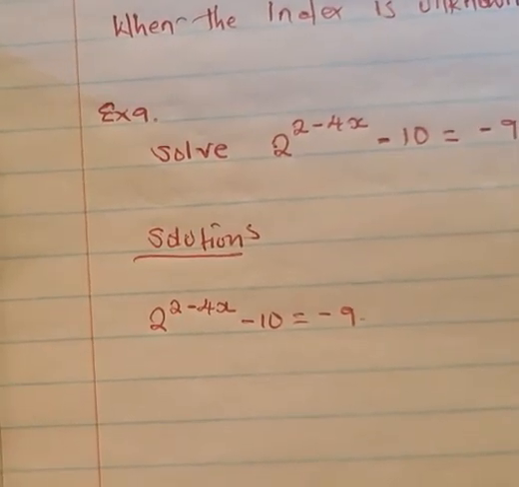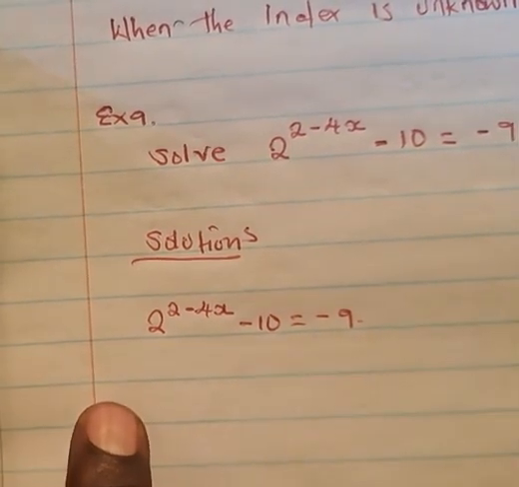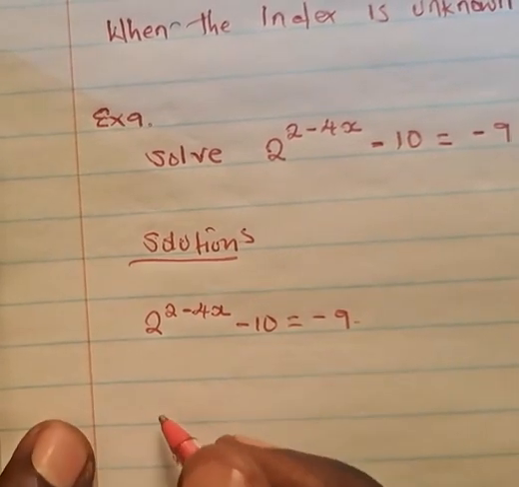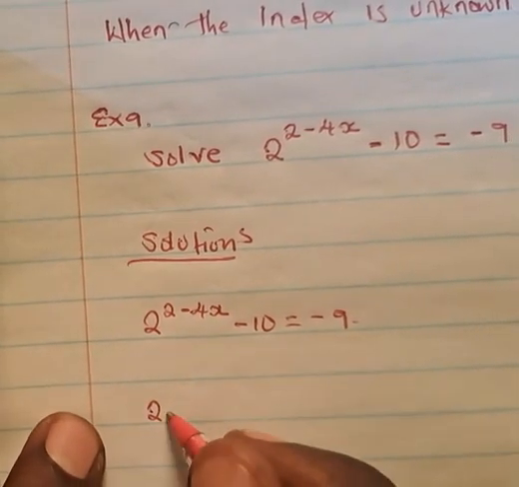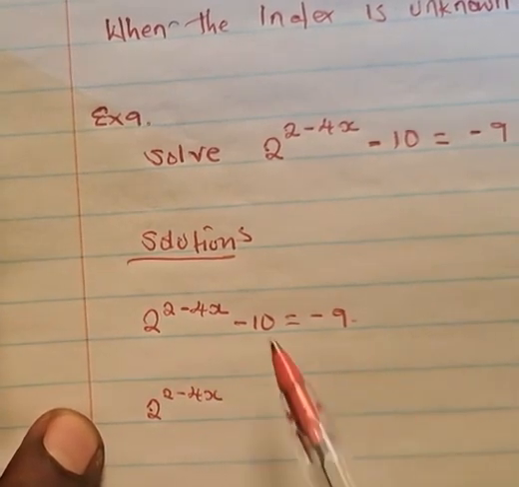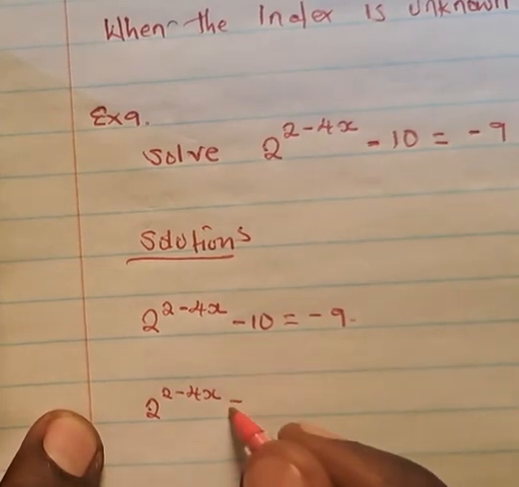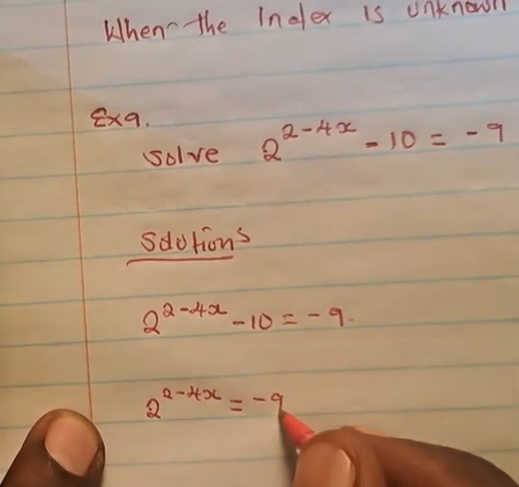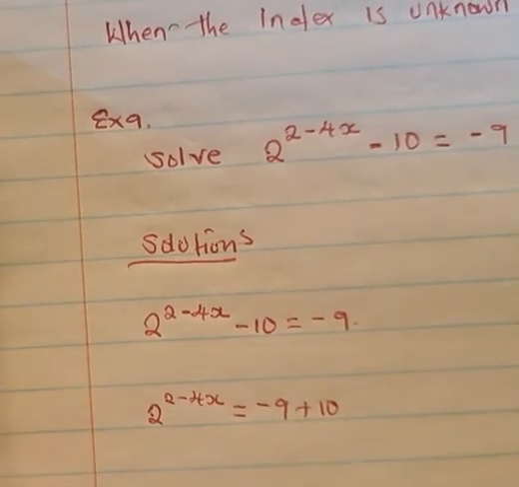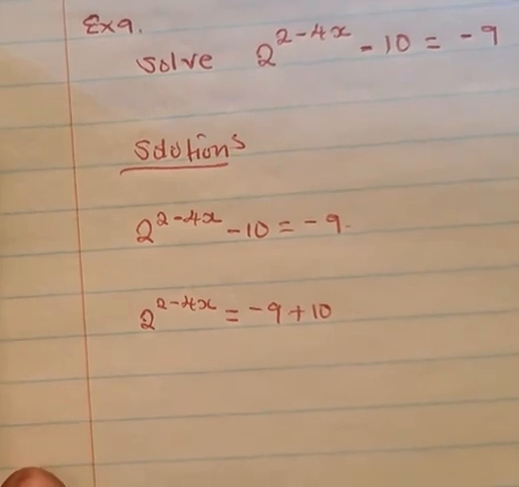So the first step there, as mentioned earlier, is to collect the like terms. So we have 2 to the power 2x minus 4x. This negative 10 will go to the other side, so it's equal to minus 9. It was negative there, here it becomes positive. All right, good, we're making progress.